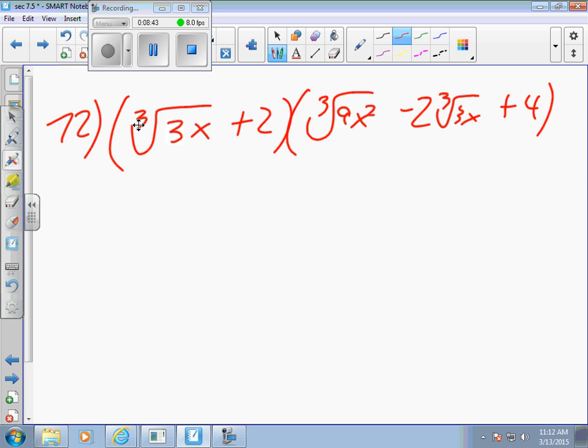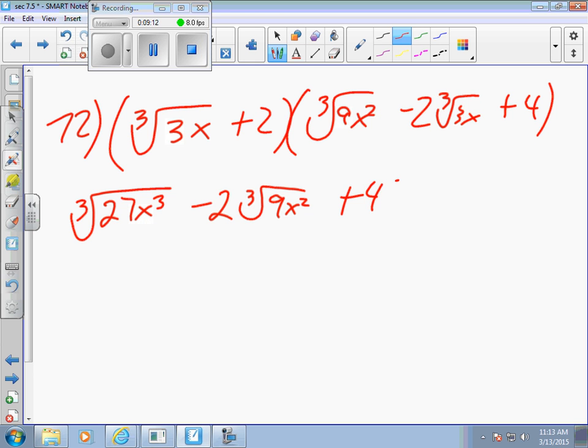Simplifying, I would do the first term times all 3, the last term times all 3. So I am going to get 6 terms. So when I do it, I'm going to have cube root 3x times 9x squared gives me 27x cubed. First times second here gives me negative 2 cube roots 3x times 3x gives me 9x squared. And the first term times the last gives me 4 cube roots of 3x.